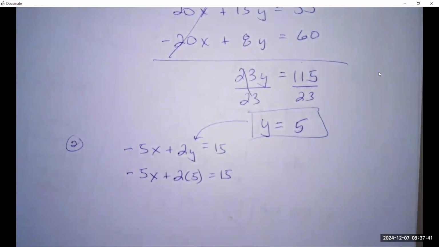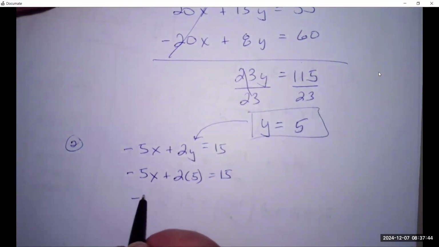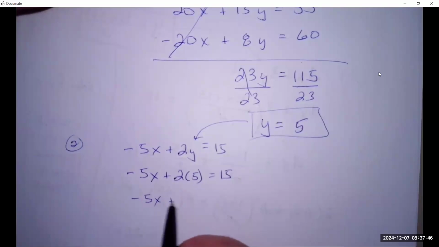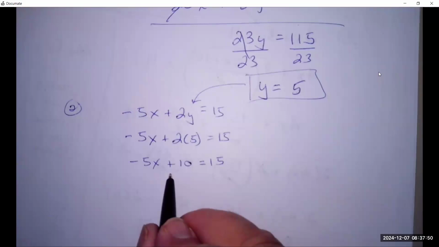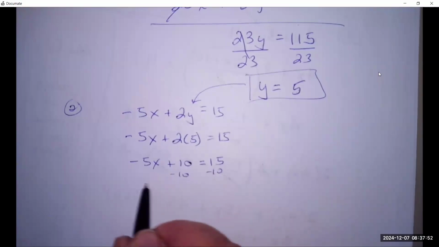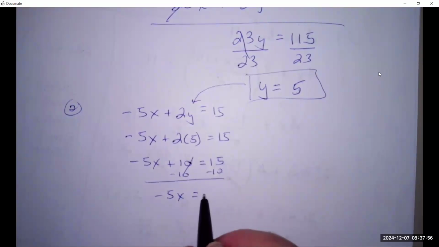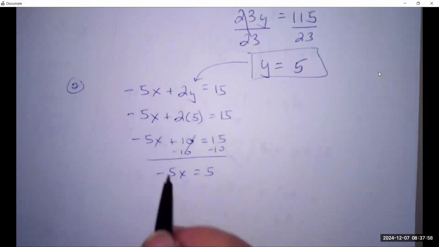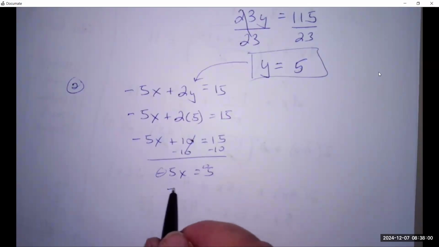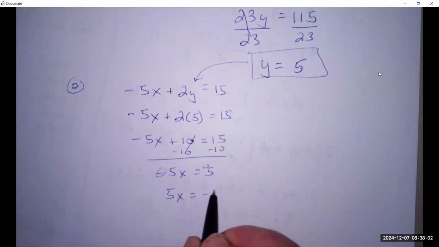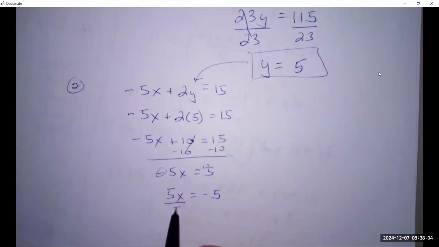Now I've got to solve for x. So it's negative 5x plus 10 equals 15. Subtract 10. Negative 5x equals 15 minus 10, which is 5. Change the signs, so I have 5x equals negative 5, and divide by 5.